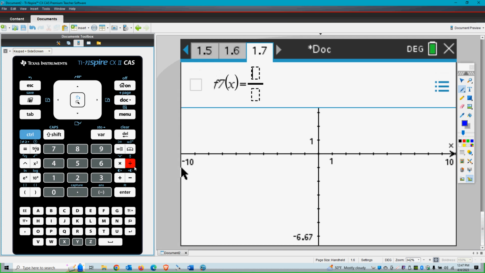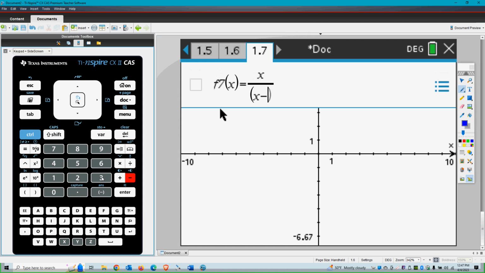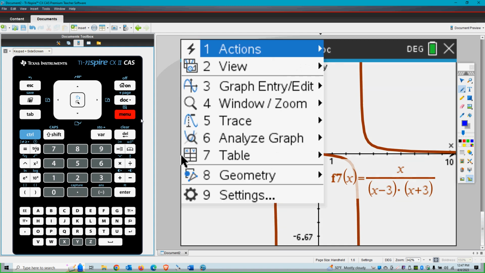So we'll do a ratio, x over x minus 3 and x plus 3, and you'll see at negative 3 and then positive 3, we have vertical lines you can't actually see.